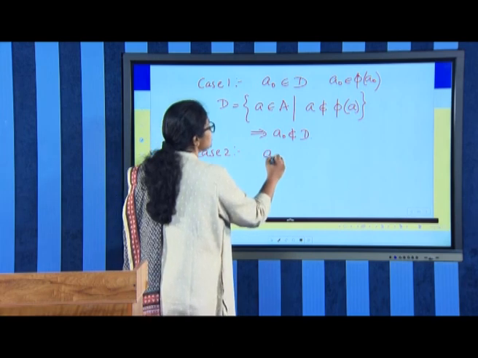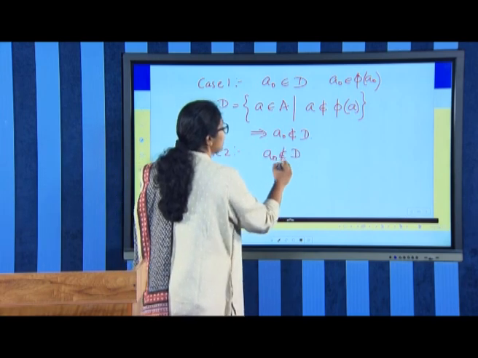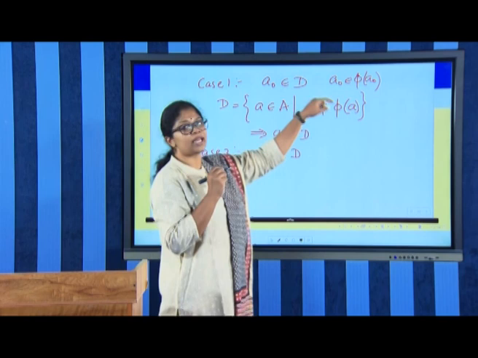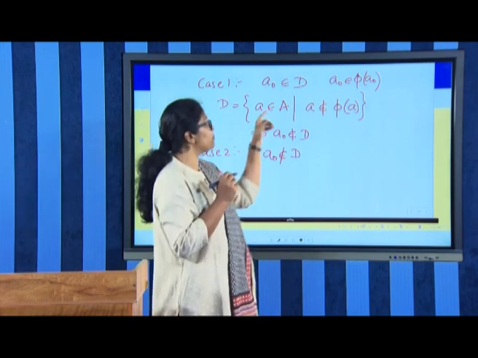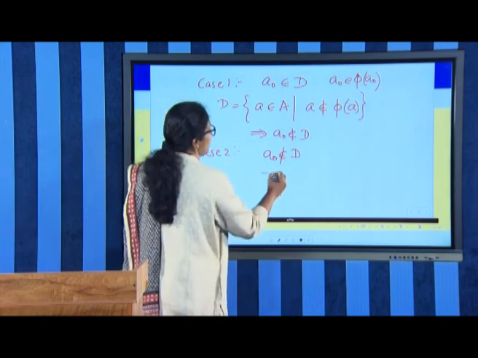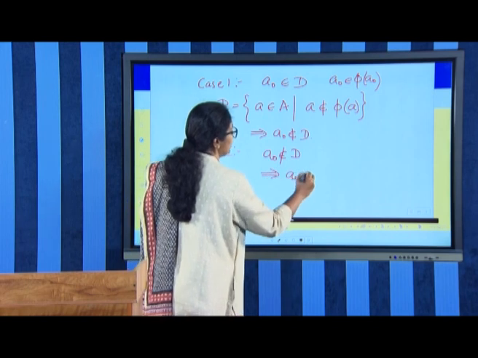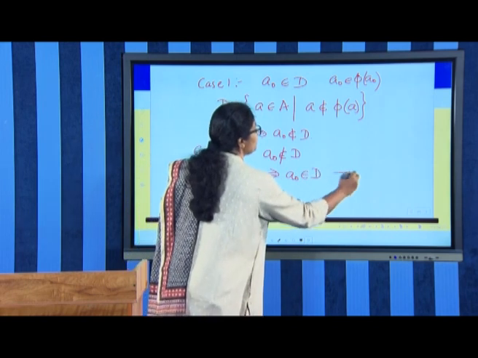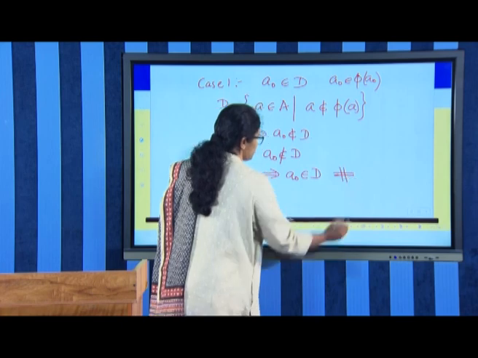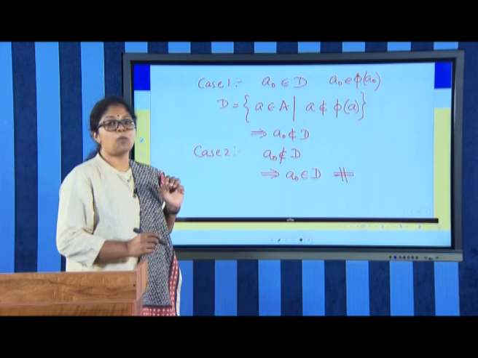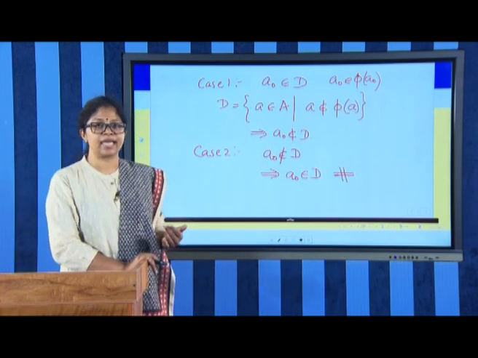Let us assume that a naught does not belong to D, but then a naught is not an element of phi of a naught, but then by the definition of D, a naught belongs to D. So, again we arrive at a contradiction. So, why does this contradiction arise in both the cases?